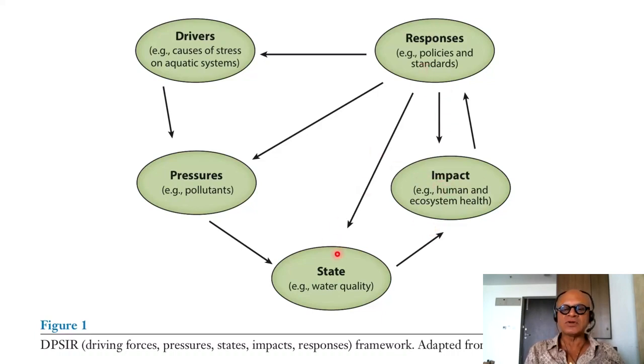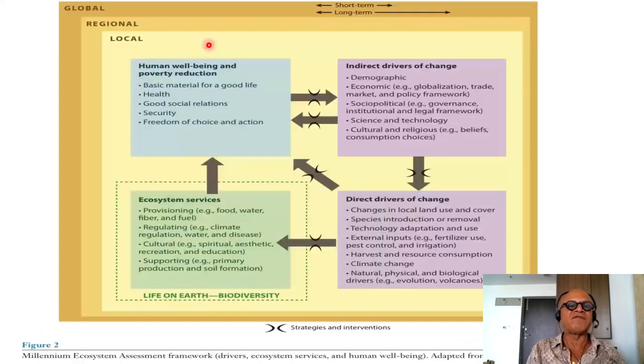Responses also try to address the state and the pressures. Environmental regulations try to monitor water quality and regulate pollutants, for example, and those are expected to drive down the negative drivers of human impact on the environment.